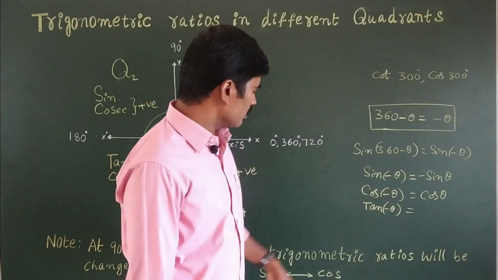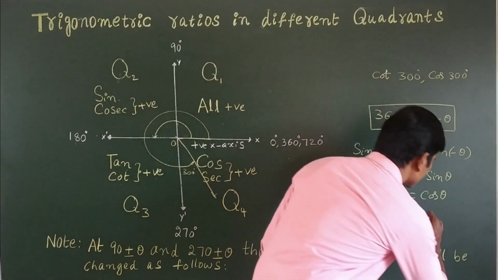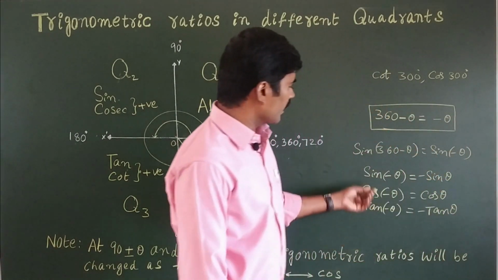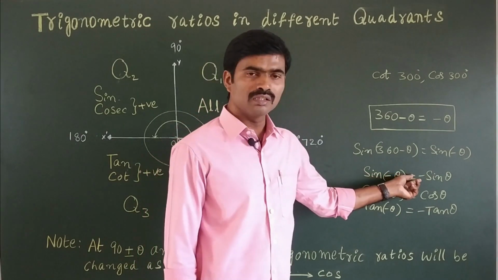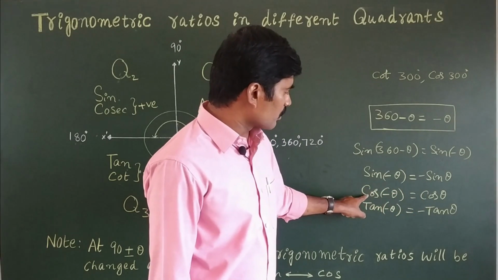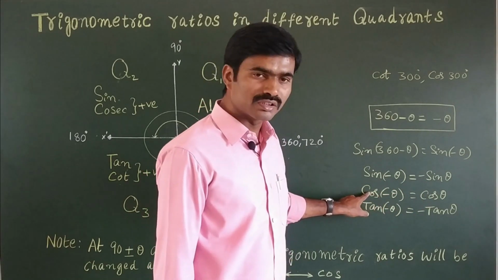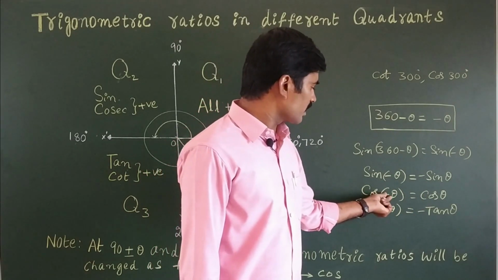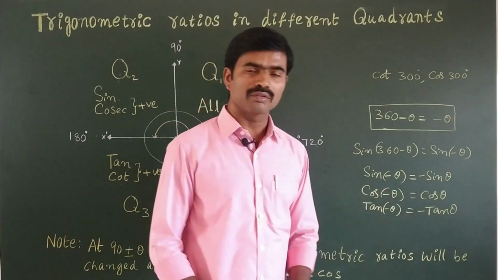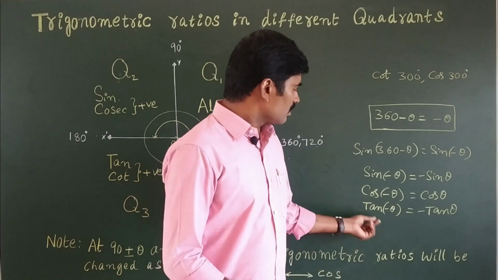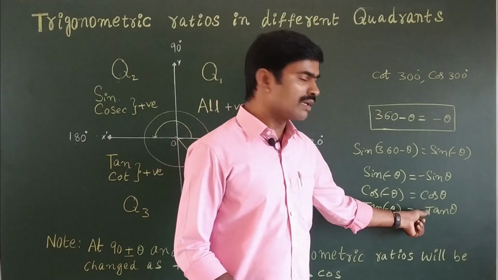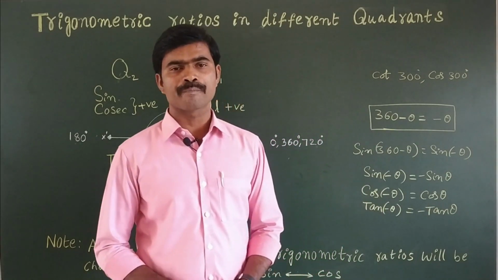In Q4, tan is negative, so it will be minus tan theta. Similarly, sin reciprocal cosecant, cosecant of minus theta is minus cosecant theta. Cos reciprocal secant, secant is positive in Q4, so secant of minus theta will be secant theta. Tan reciprocal cot, so cot of minus theta will be minus cot theta.